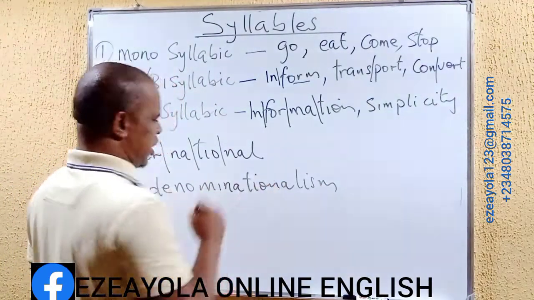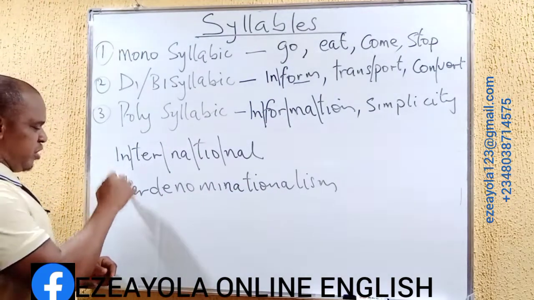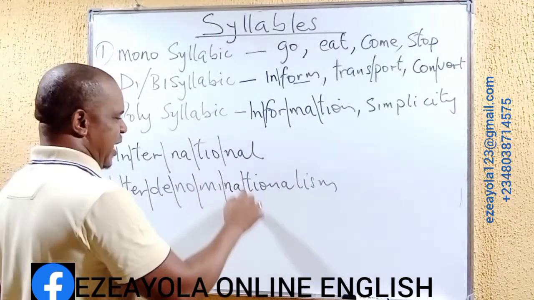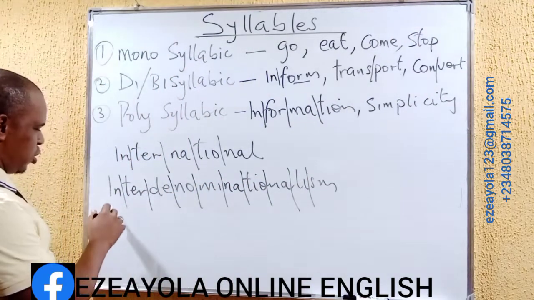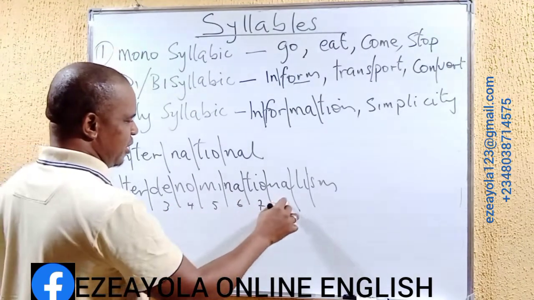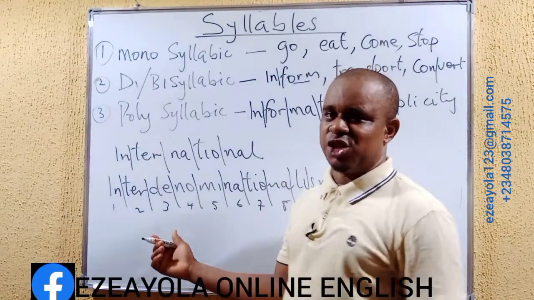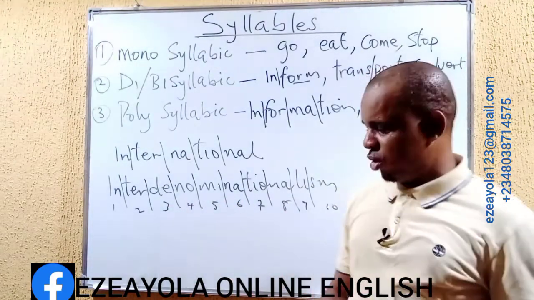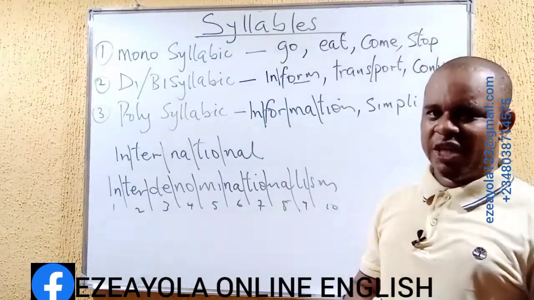Okay, now if you take your time to split this particular word into different syllables, that means if we count 1, 2, 3, 4, 5, 6, 7, 8, 9, and 10, you can now see that an English word like this has up to 10 different syllables, okay?